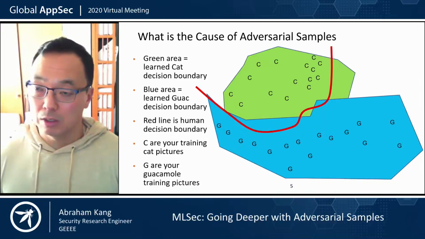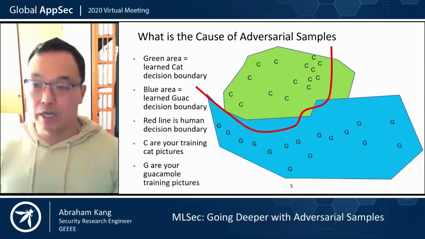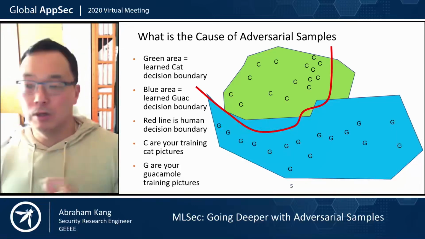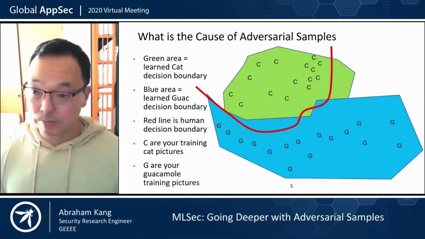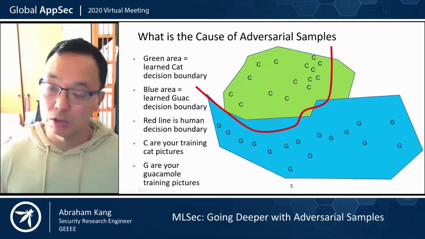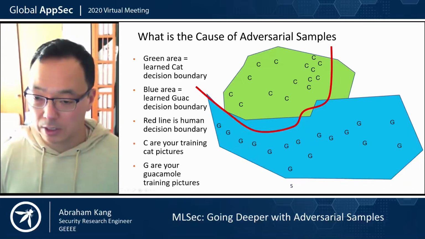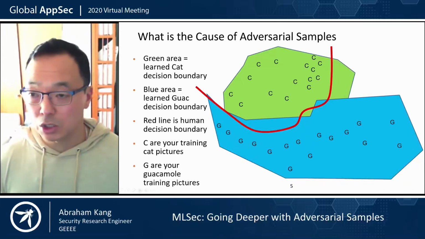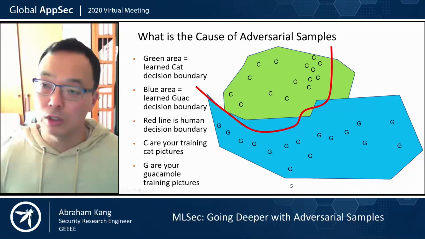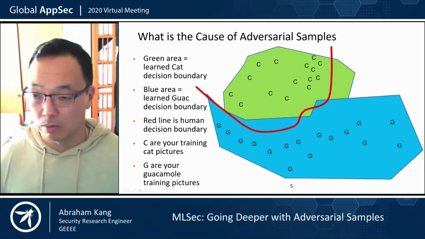Now, there are many machine learning models with thousands of classes. So you could have cat, dog, bird, plane, boat, car, guacamole. We're going to simplify this picture because we want to understand things on a fundamental level. This red line is basically the decision boundary between what a human would discern as a cat or guacamole.